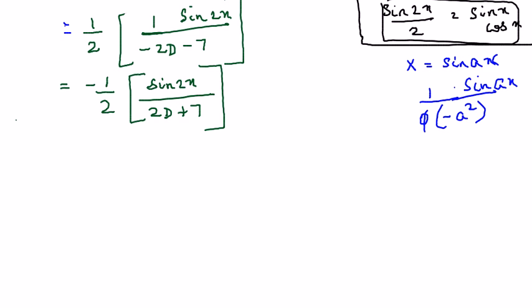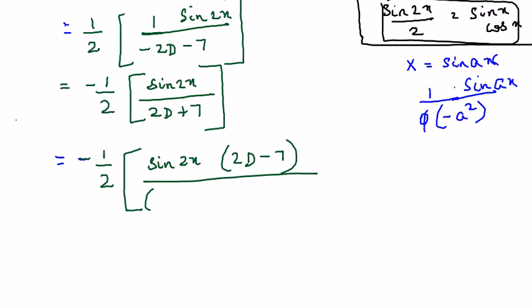Okay, now to further solve this equation, I am going to multiply and divide by 2d minus 7.